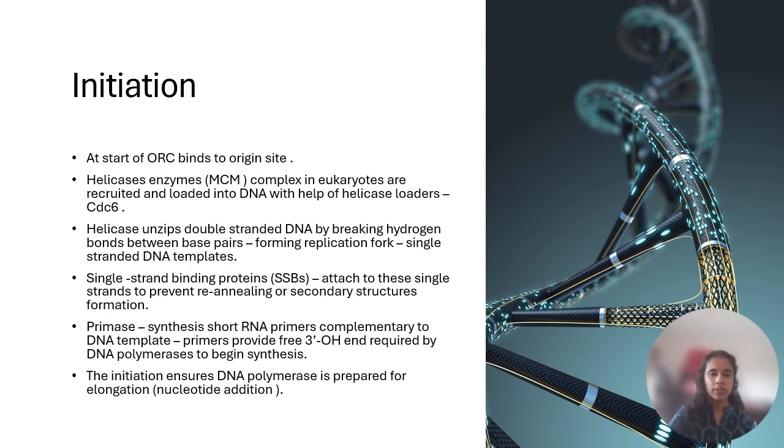Now let's move on to the next step, elongation. The DNA polymerases add the new DNA nucleotides to the 3' end of the growing strand, synthesizing DNA in the 5' to 3' direction, based on the complementary template strand.